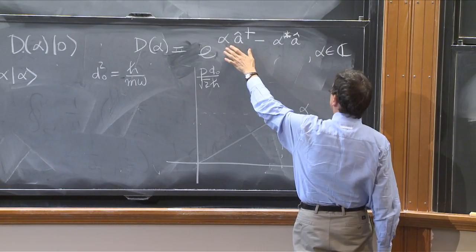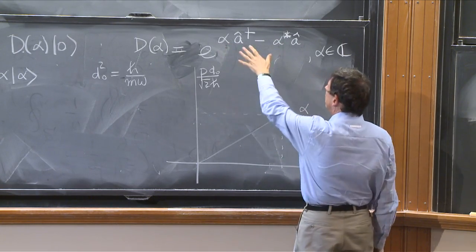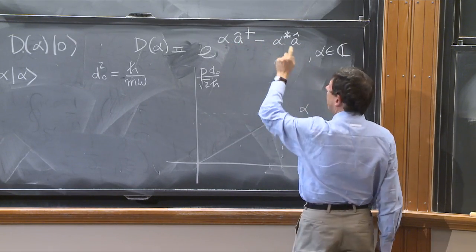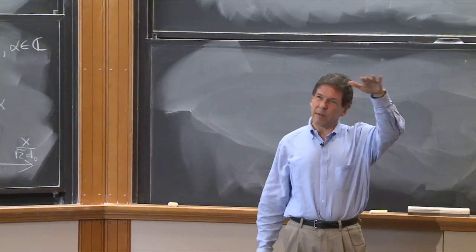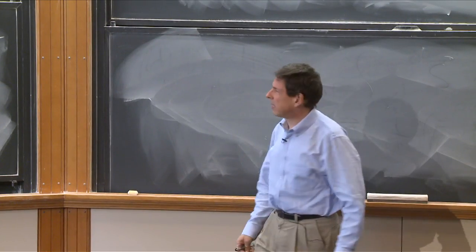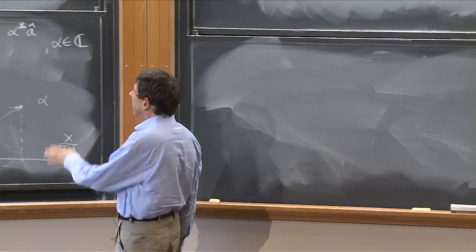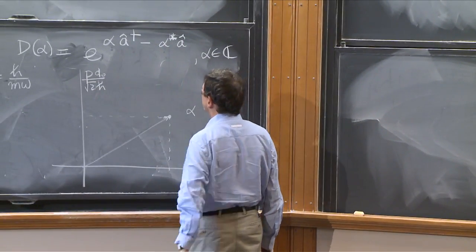So this is only proportional to the momentum if alpha is real, but if alpha is not real, that operator in the exponent is not quite the momentum. It's something that has a bit of position as well.